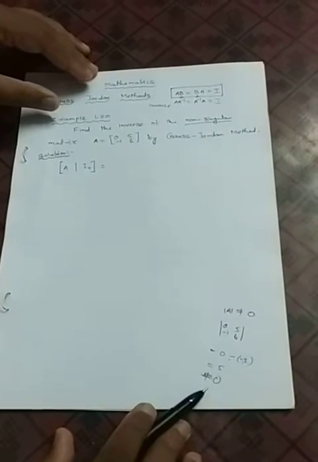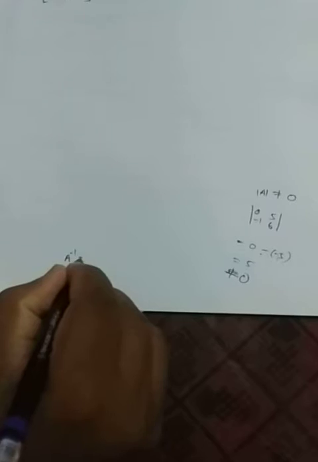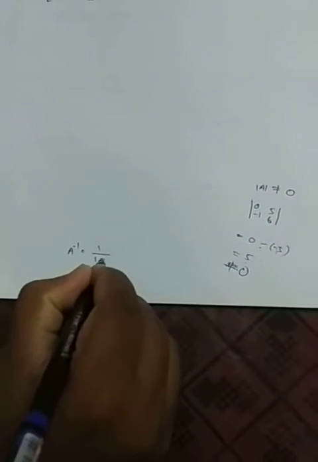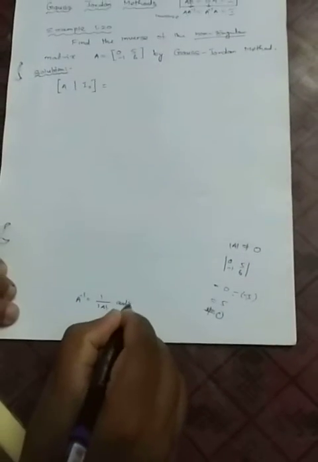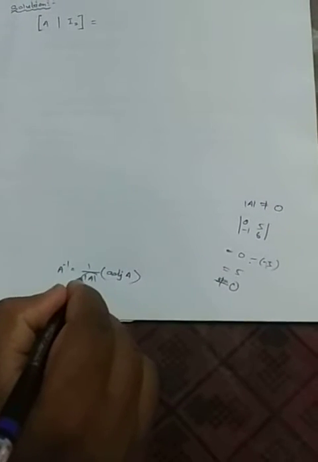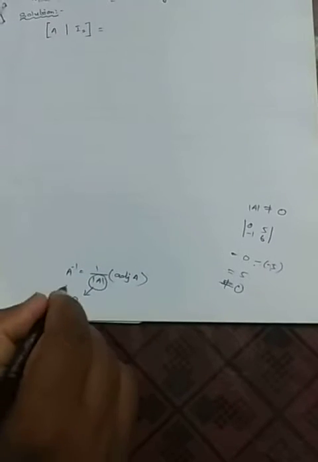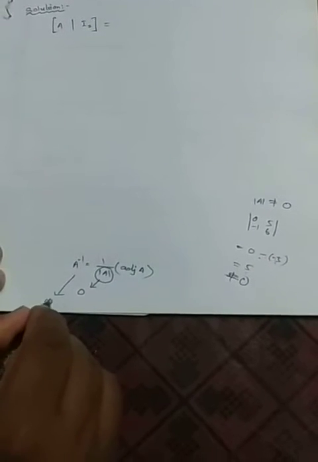One more thing I want to say: already in the formula we have written A inverse equals 1 by determinant A into adjoint A. You can see the determinant A value is there. If it turns to 0, then the entire inverse becomes not defined.